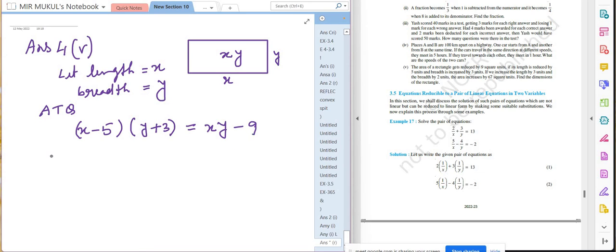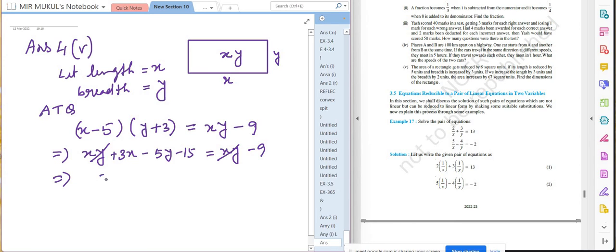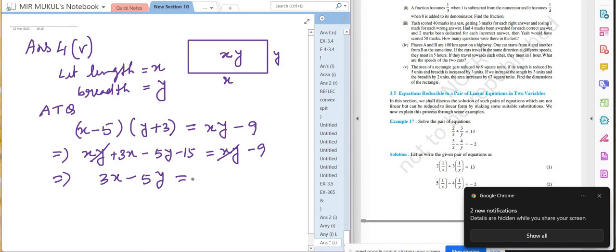So multiply: xy plus 3x minus 5y minus 15 equals xy minus 9. Xy cancels. So we get 3x minus 5y equals 15 minus 9, which is 6. So this is the first equation.